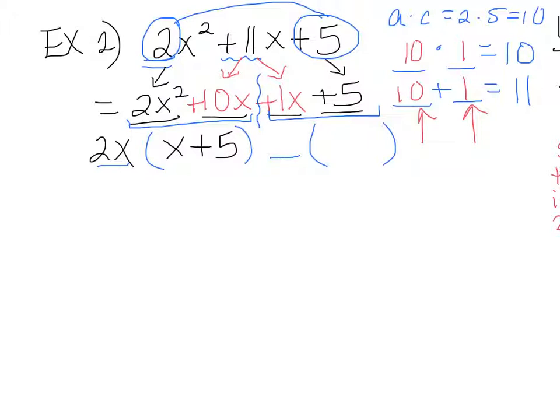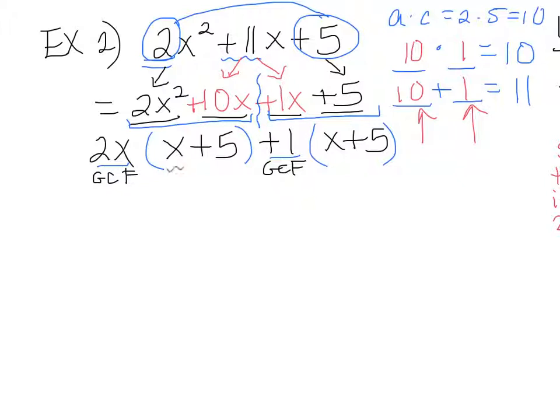I've divided out the 2 and I've taken out 1x. Then I go to the second pair, 1x plus 5. Notice they don't have a common factor. There isn't anything in common. So in this spot, I want you to write plus 1. That is the GCF. So I'll label these: those were the GCFs of each pair. And notice if you're only taking out a 1, nothing changes, and you're left with still x plus 5 in each term.